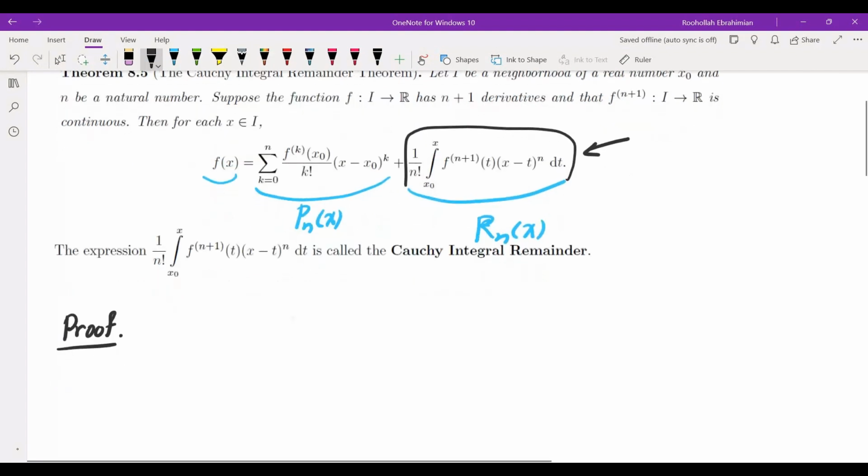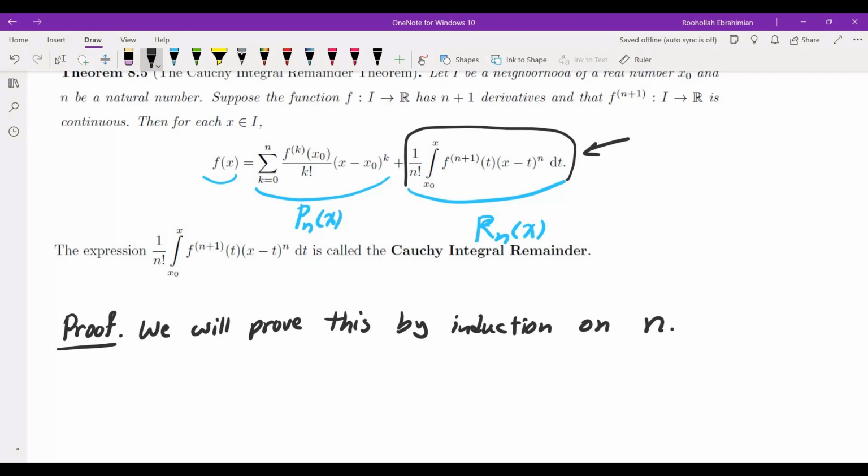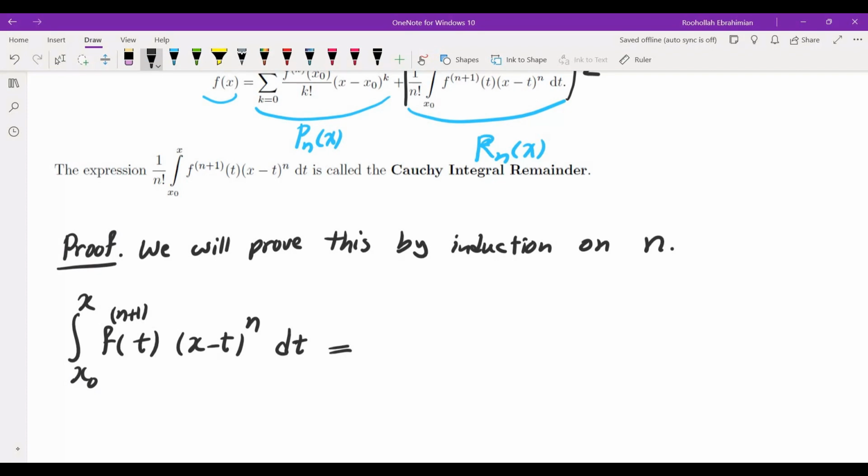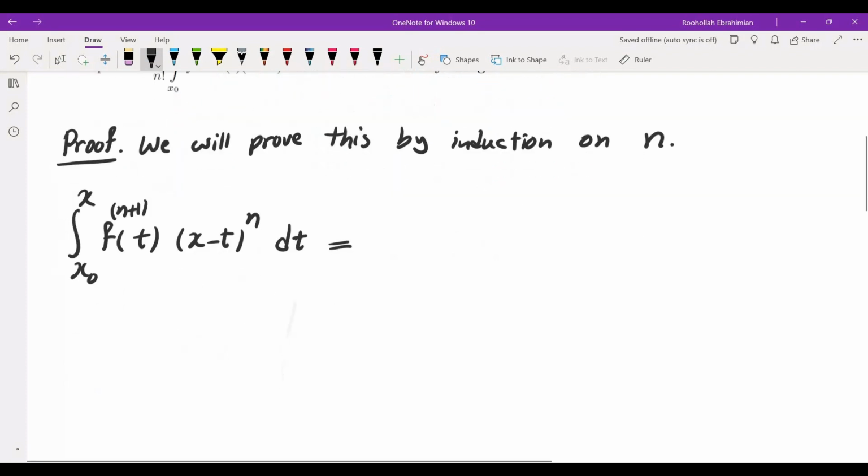We will prove this equality by induction on n. So we're going to take the integral from x0 to x of f^(n+1)(t) times (x minus t) to the power of n dt, and we are going to extract an extra term here.